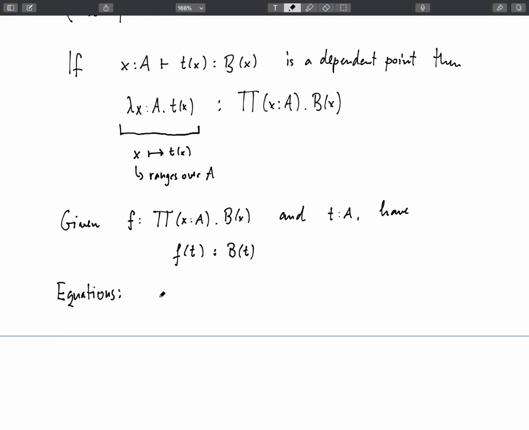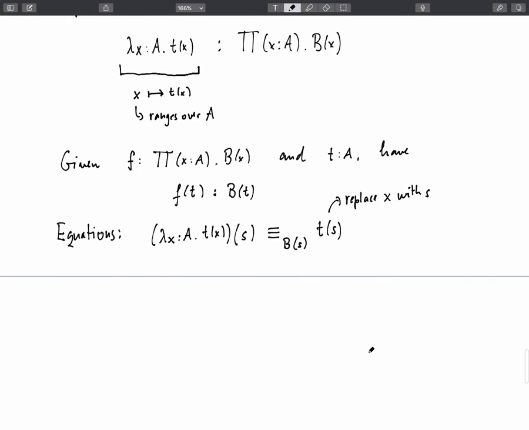If I have a function which takes x to t of x, what will happen when I apply it to some s? You're going to get t of s, which means replace x with s. That's how you should read this. It's nothing new. You do this in your dreams. It's always there.